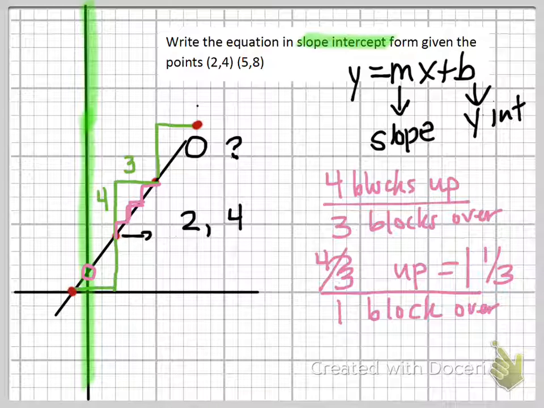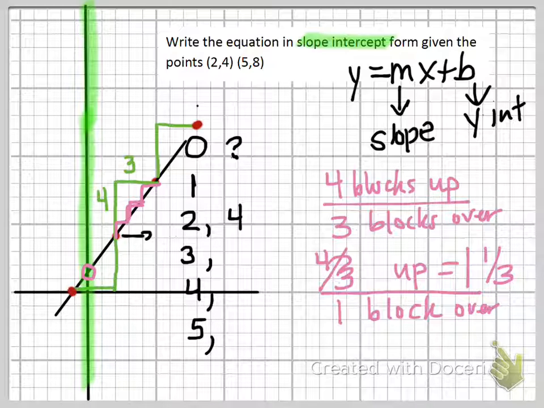So, if I could figure out the rate of change, the unit rate, then I should be able to determine the value of y when x is 0, and that's my y-intercept.